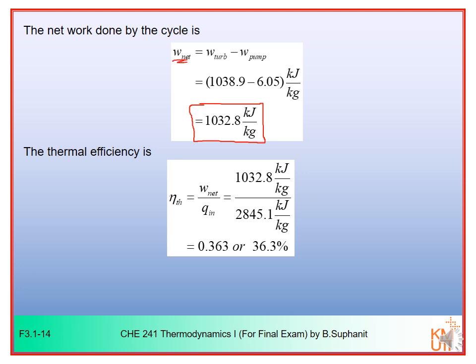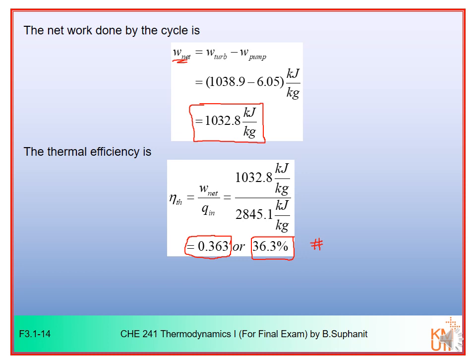And you can calculate the thermal efficiency now. Thermal efficiency would be W net divided by Q in that you have previously. The thermal efficiency is 0.363, or 36.3%. So this is the efficiency of this ideal Rankine cycle.